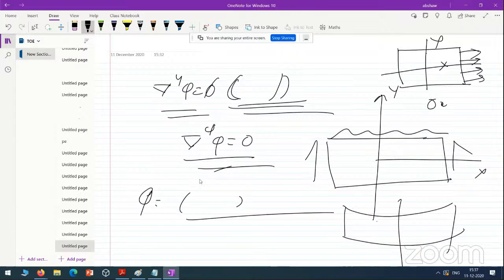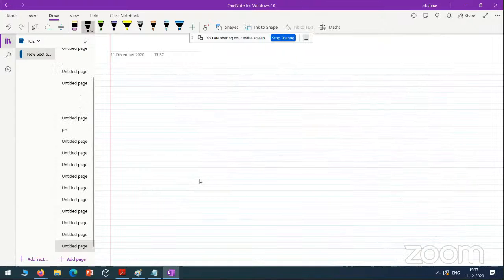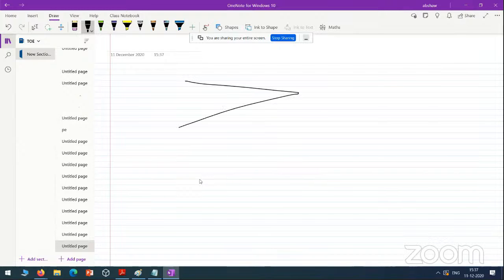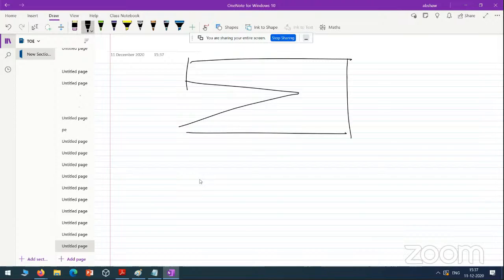Now, for instance, suppose I'm solving a crack problem like this, just like you have seen towards the end of your elasticity course, and also discussed in the last session. The stress at the tip here is theoretically infinite, right? If you have a sharp crack like this, theoretically it is a very high value.